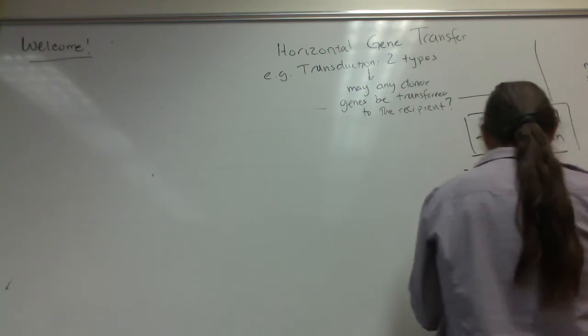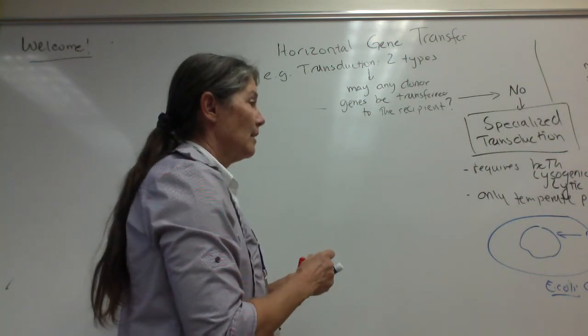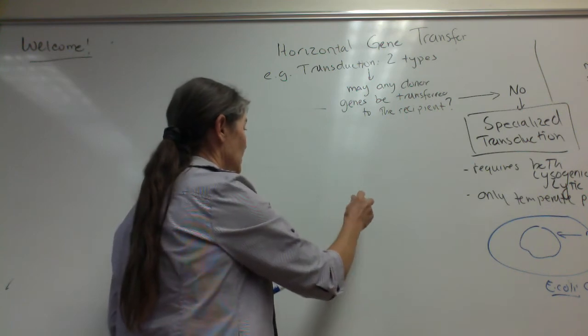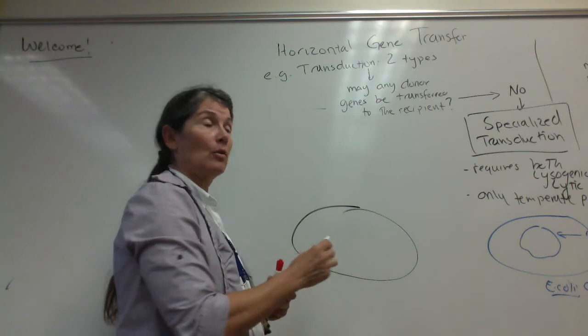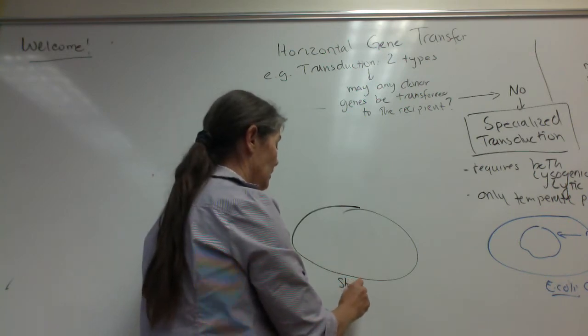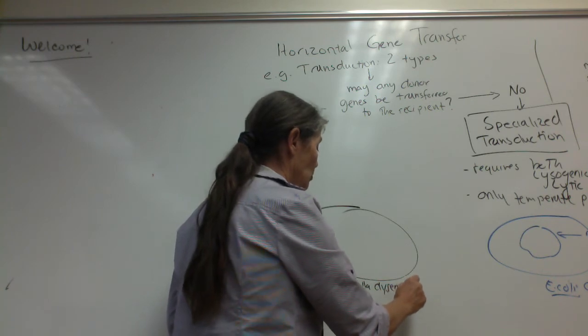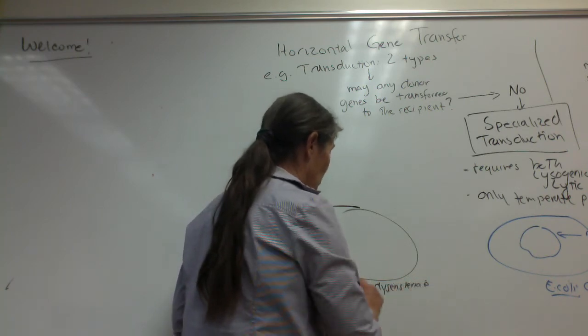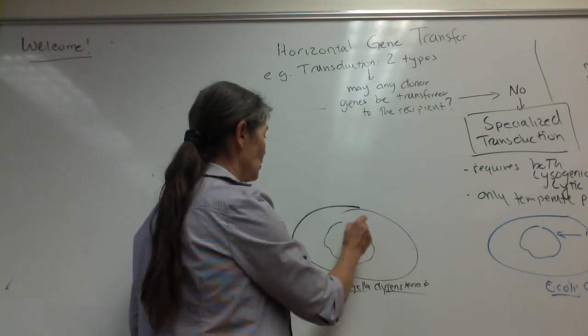Right? And now we need a donor. So you guys, who originally had the shiga toxin gene? It was a cousin of E. coli called Shigella dysenteriae, the cause of bacillary dysentery. So this is going to be our donor. This is our donor. So let's do the donor chromosome.